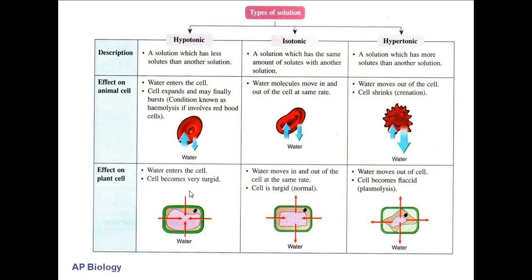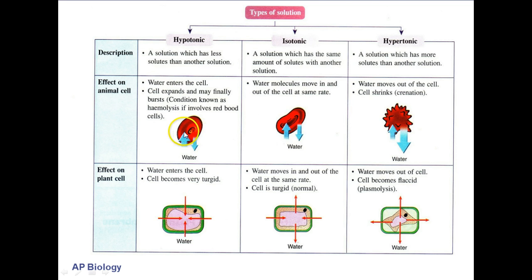This happens during the day. During the day, cells take up water because they need it for photosynthesis. That water enters these cells, and the cell stands up and literally is more available to the sun because it also needs the sun to photosynthesize. So, hypotonic, low concentration of solute, high concentration of water on the outside.